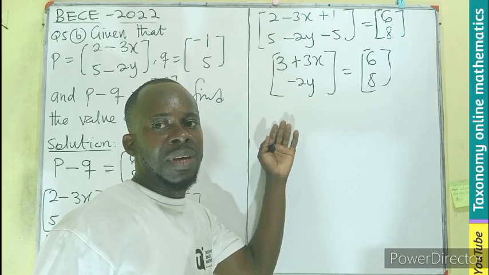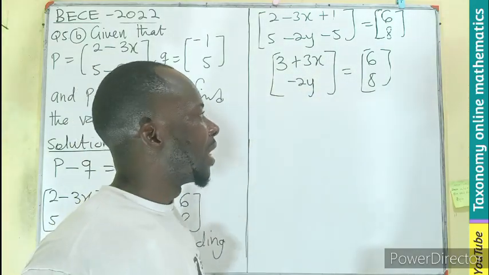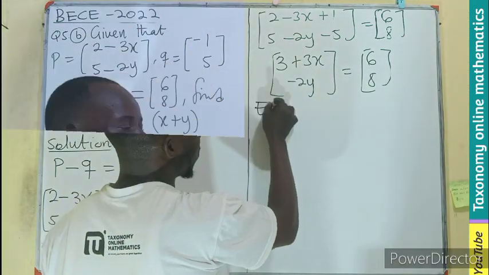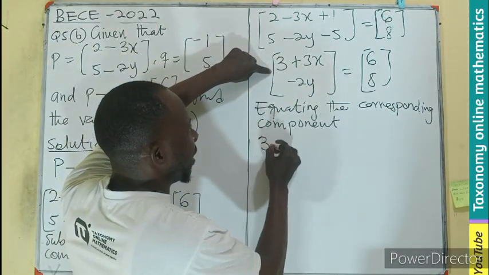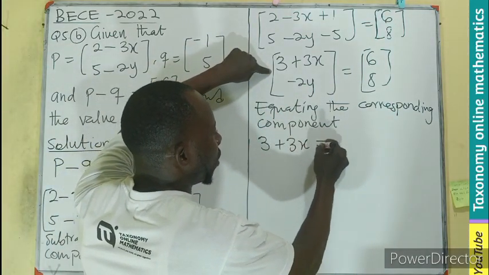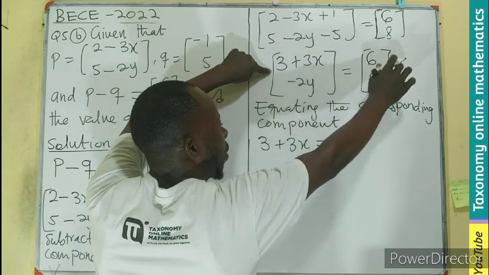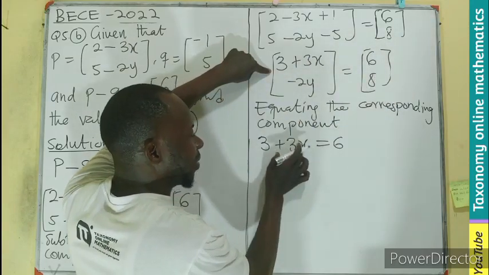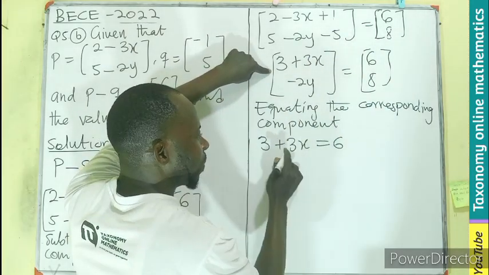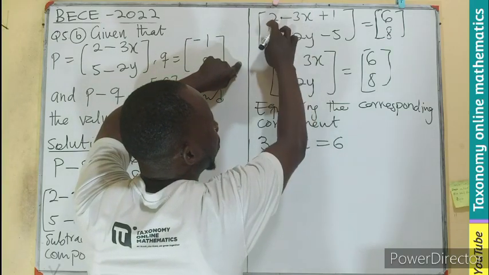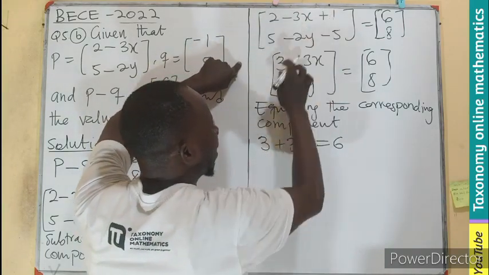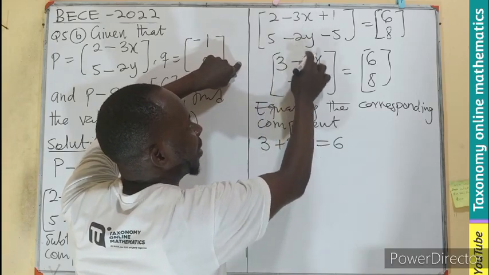The vector at the left equals the vector at the right. So we are going to equate the corresponding components. This will mean that 3 minus 3x will be equal to 6. So we maintain this, send this there. So 2 plus 1 is 3, minus 3x.